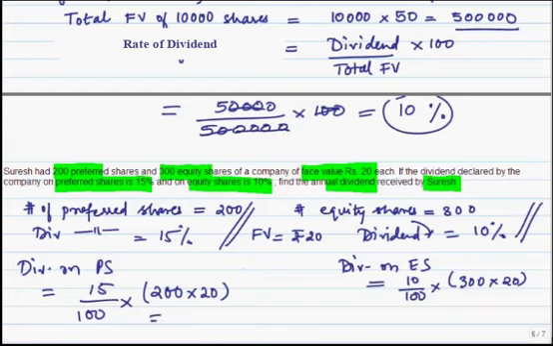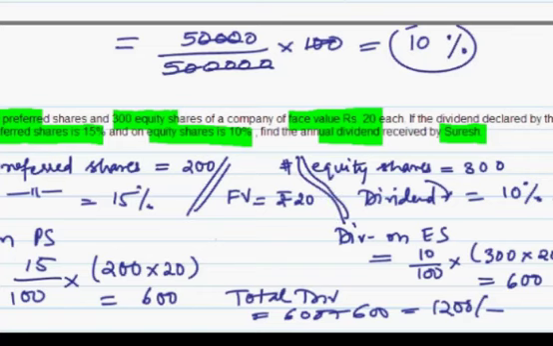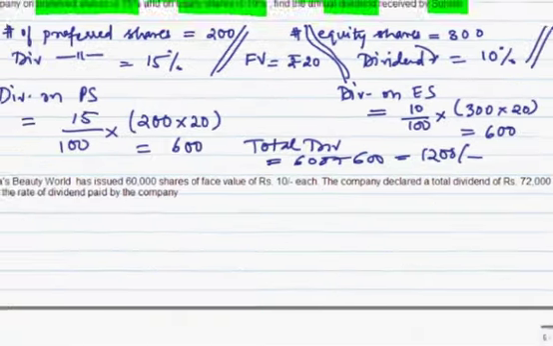So if I calculate this, it comes out to be 600 here and it also comes out to be 600 here. So what is the total dividend? Total dividend is 600 plus 600, that is 1200. We have just separately calculated dividend for preferred shares and separately calculated dividend for equity shares, and then we have totaled it because that was the question, find the annual dividend received by Suresh.